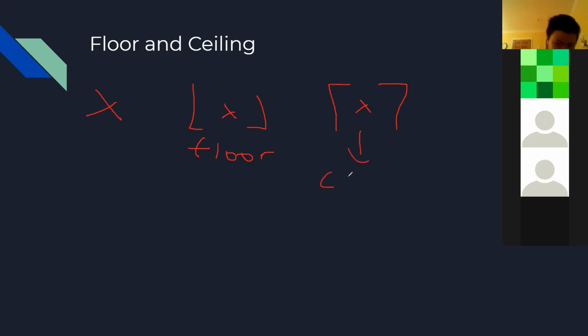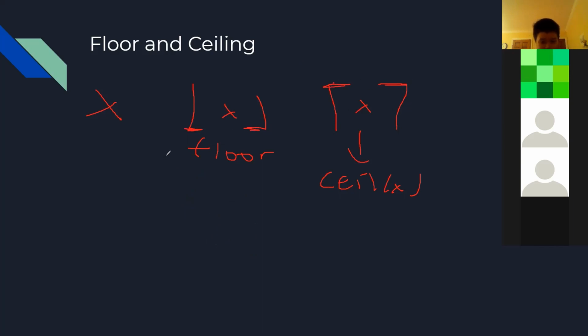Sometimes people call this ceil x, though this is more programming since you have to write it. I've seen this before, but this could also mean a list of x, so it's kind of vague. I would recommend using these two symbols since they obviously show the floor and ceiling.